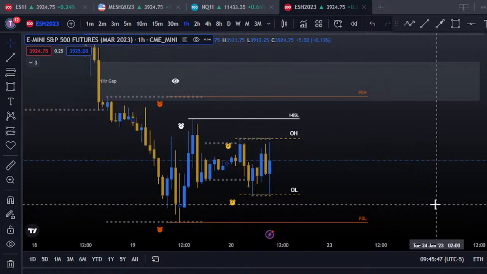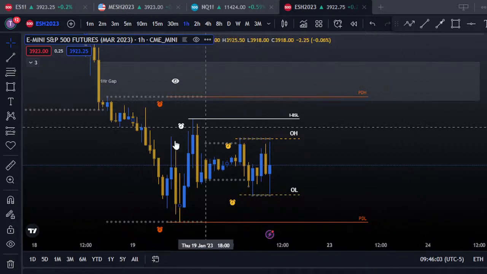Now we just wait to see what's popping and see what it gives us. See if anything materializes. Right now we're just inside a range.